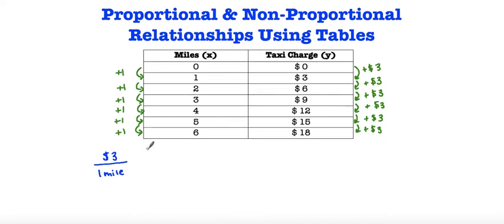After 2 miles, we're paying $6, so $6 for 2 miles. For 3 miles, we're paying $9, so $9 for 3 miles.